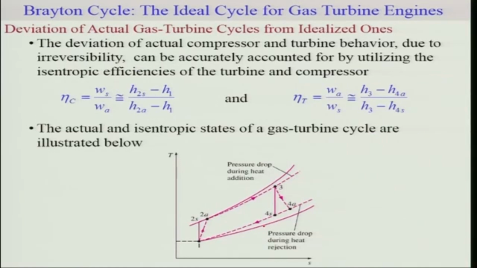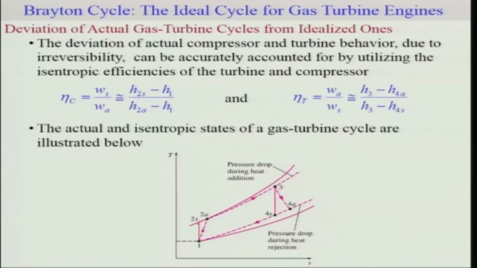Now, as we know, irreversibility is present due to fluid friction or heat losses, and thus the actual gas turbine cycle will deviate from the idealized one. The deviation can be characterized on this TS diagram. We have already discussed 1 and 2, which is an isentropic process, the compression.